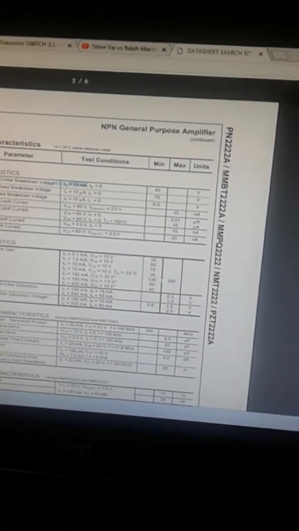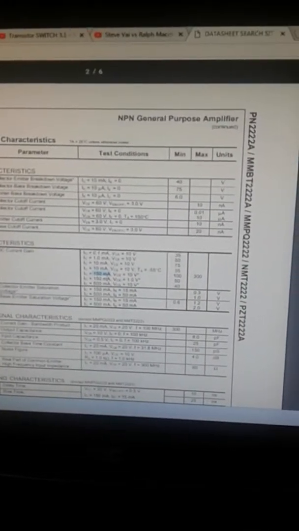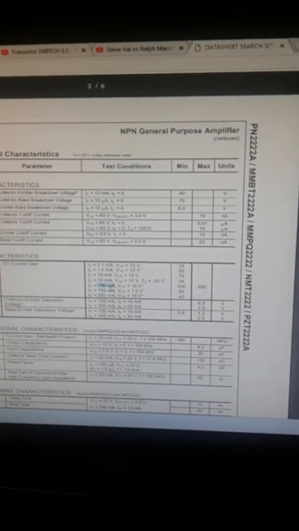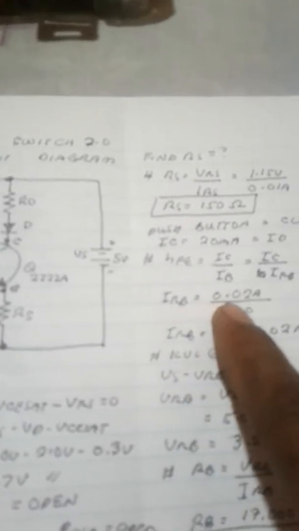HFE, the current gain of 100, is in the table here. It's 100 operating across 150 milliamps. The range of IC is up to 150 milliamps. We have 20 milliampere needed to conduct the transistor in saturation. Along with 100 HFE, we get a base current of 0.0002 ampere.